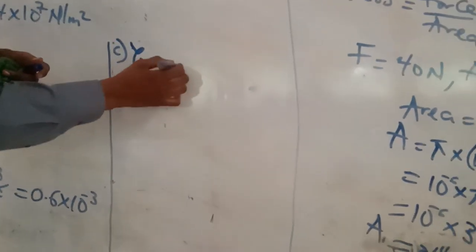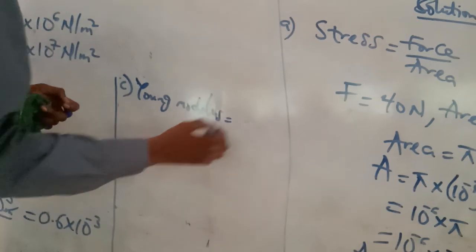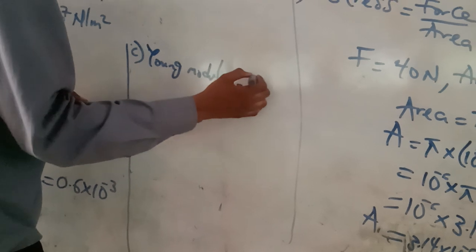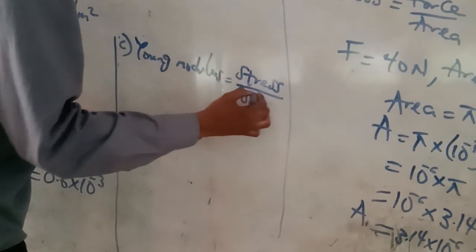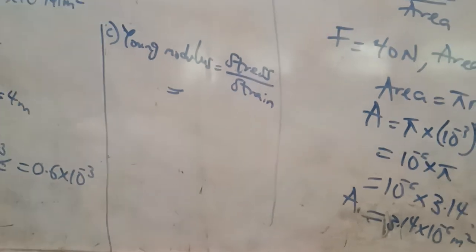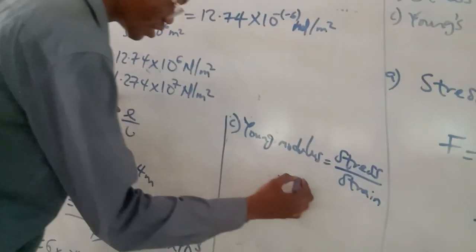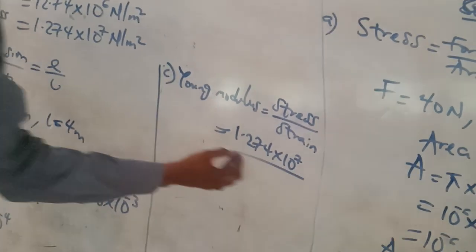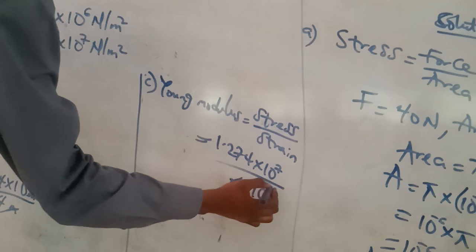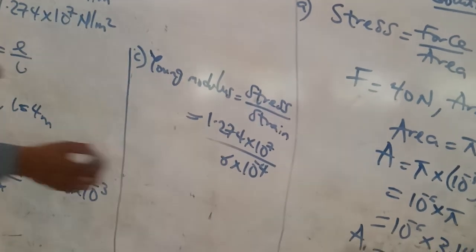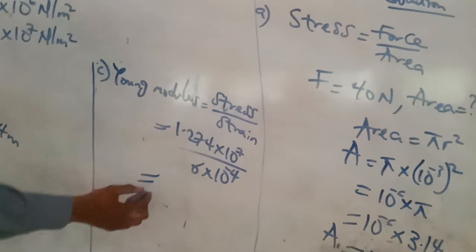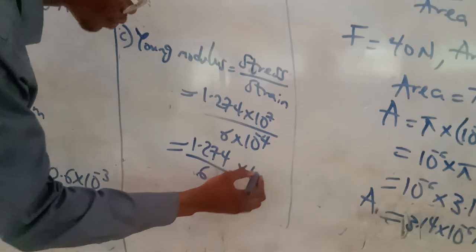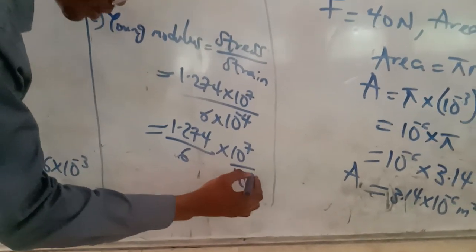Now let's go to our Young modulus. As we know, our Young modulus is the ratio of stress to strain. That is our stress over strain. We have gotten our stress, which is 1.274 times 10 raised to power 7, and our strain as 6 times 10 raised to power minus 4. Now let's solve. Let's split it: 1.274 divided by 6 times 10 raised to power 7 over 10 raised to power minus 4.